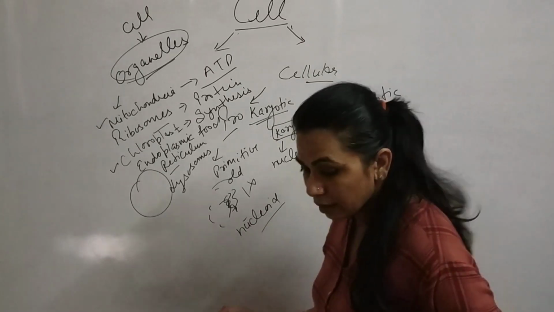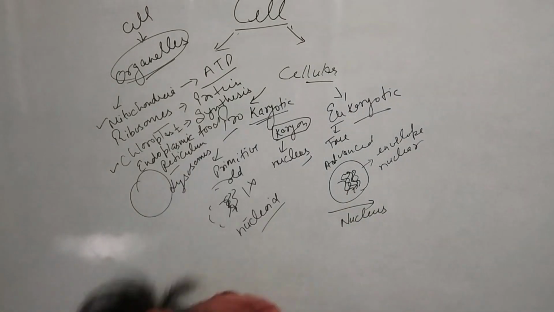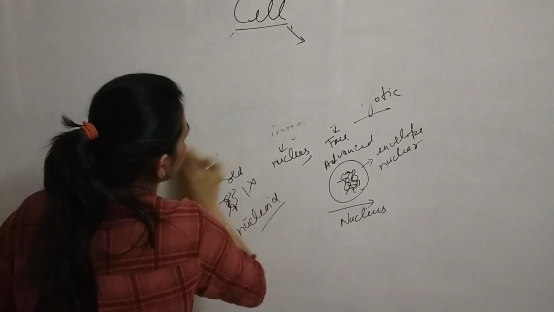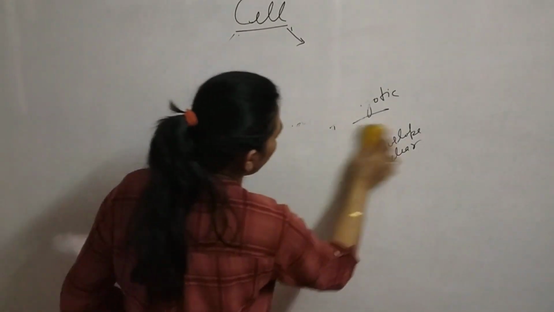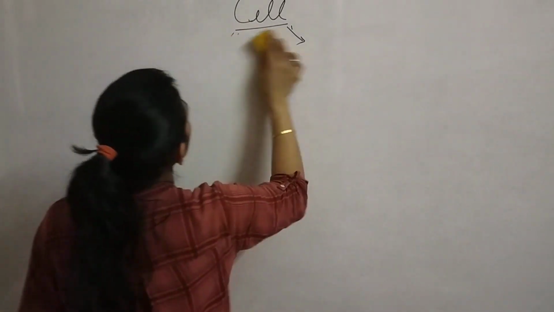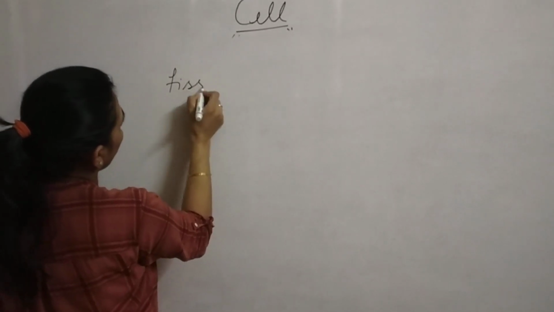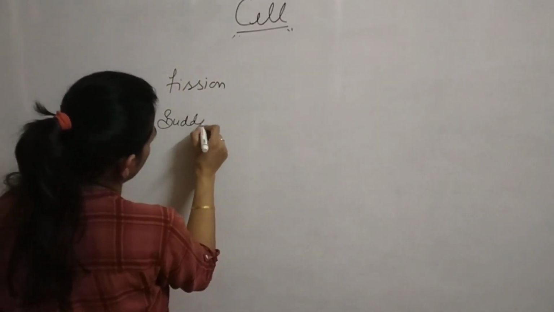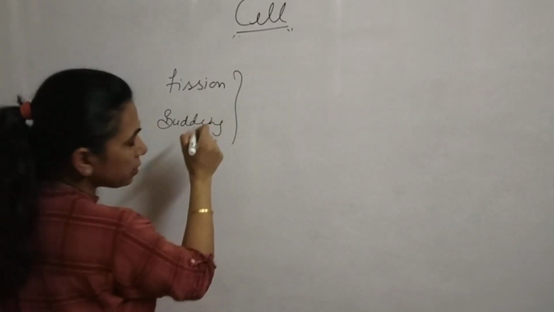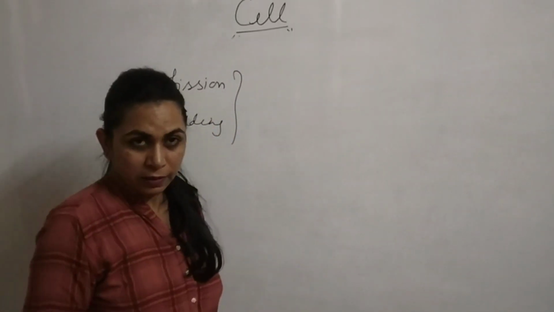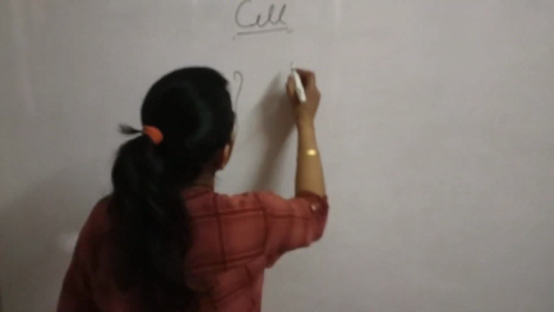Right? Then how does the cell divide? In prokaryote, there is a simple method of division, that is fission or budding. Cells divide by these two methods. I will discuss all these methods in my coming lectures.